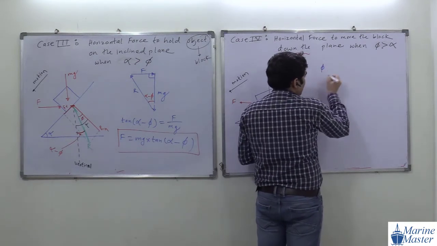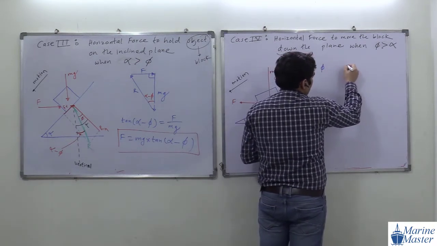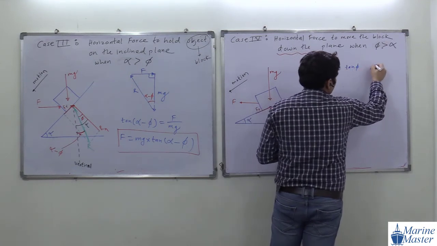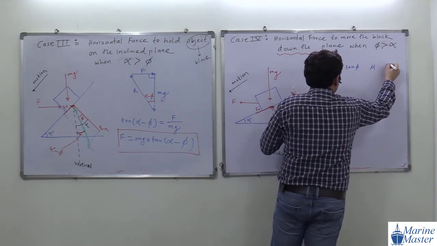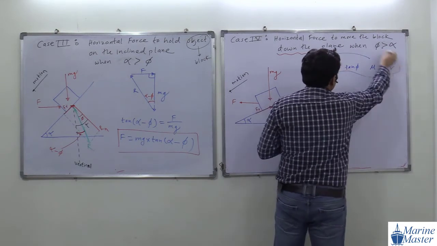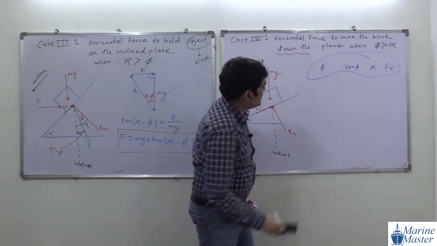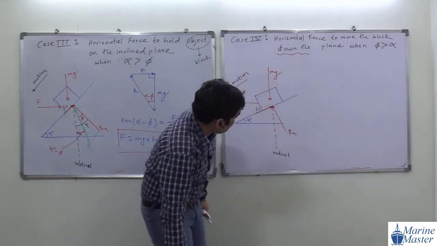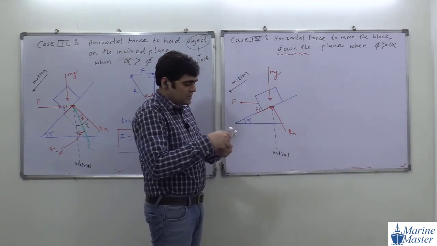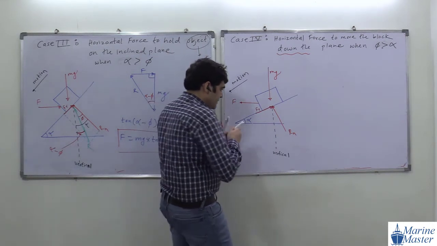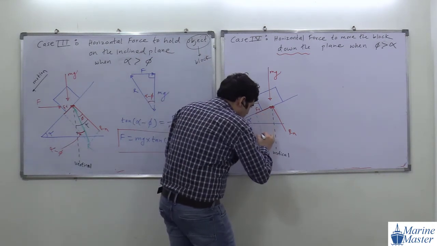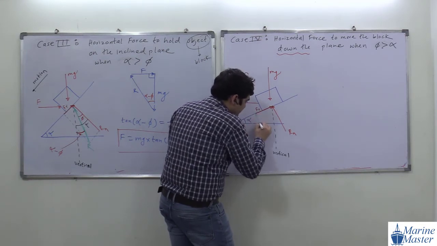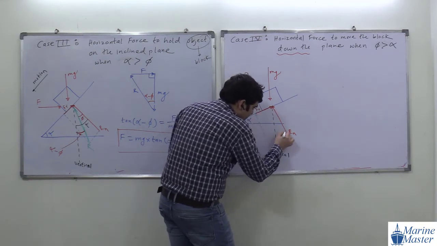If phi is large, tan phi is large, and tan phi means mu. If mu is large, then friction force will automatically be large. You got this relation? So if the value of phi is large, then friction force is very high as compared to the earlier scenario. So how am I going to draw the normal reaction? Sorry, the resultant reaction.